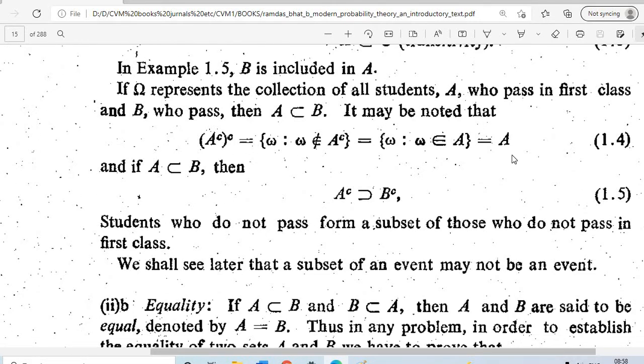A complement or complement equals A, and if A is a subset of B, then A complement is a superset of B complement.